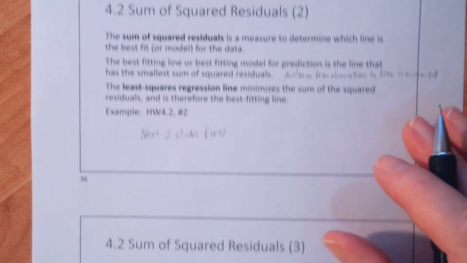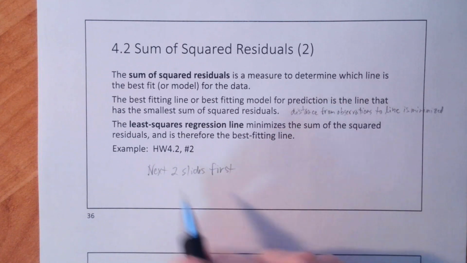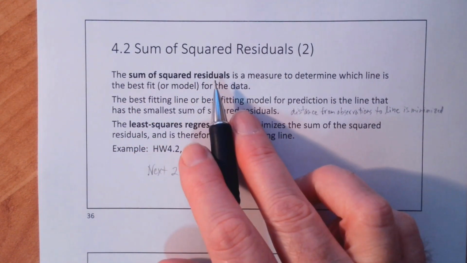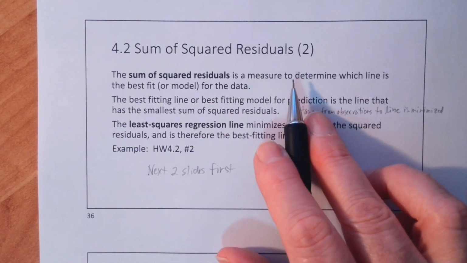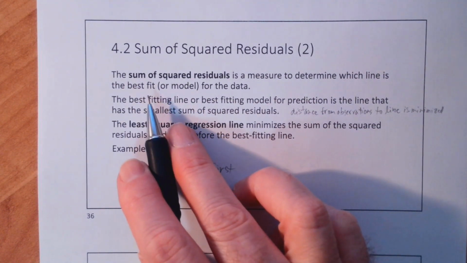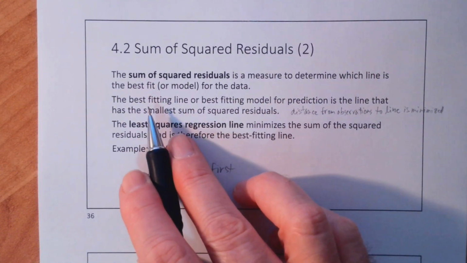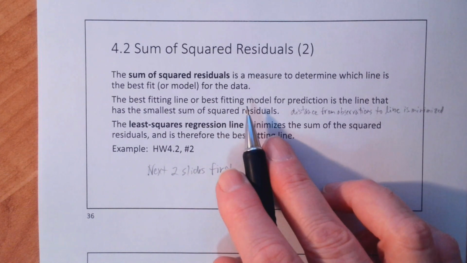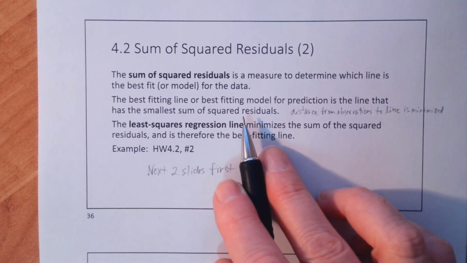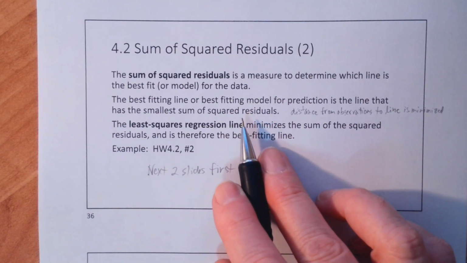So again, just to sum up what we were saying, the sum of squared residuals is a measure to determine which line is the best fit or model for the data. The best fitting line or best fitting model for the prediction is the line that has the smallest sum of squared residuals.